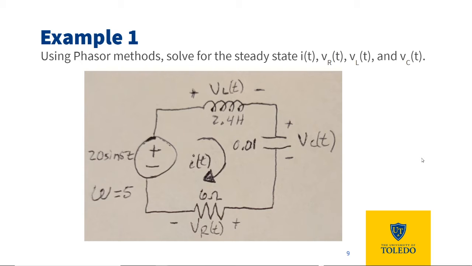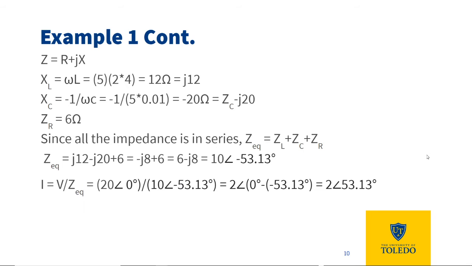Example 1. Using phasor methods, solve for the steady state i(t), v subscript R of t, v subscript L of t, and v subscript C of t. And this is the figure that we will use. Z equals R plus jX.